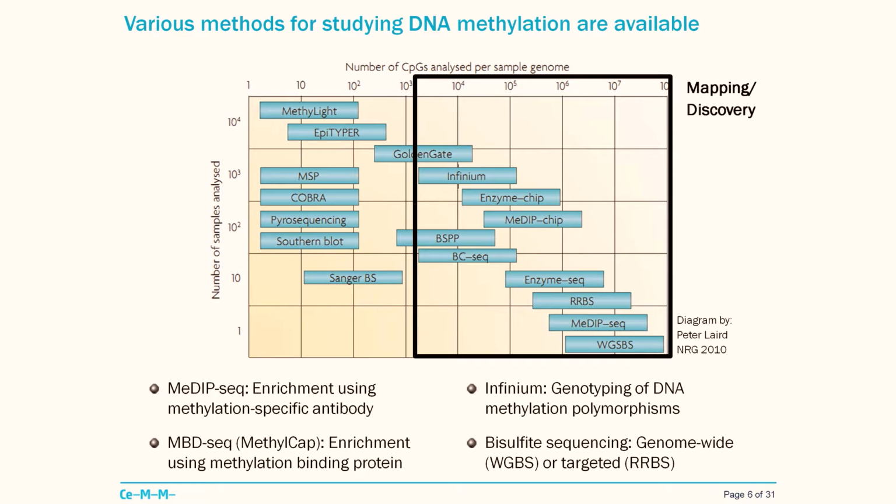A couple of years ago, beyond drawing these diagrams, we wanted to actually see how these different assays perform in practice when you apply them to a defined set of reference samples.